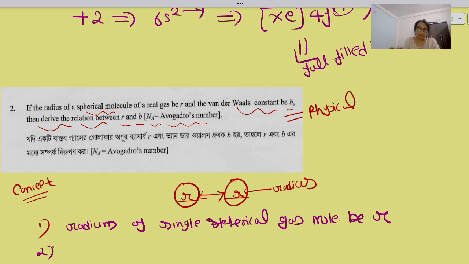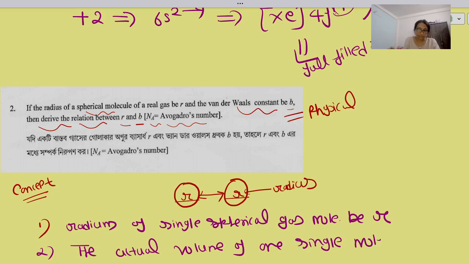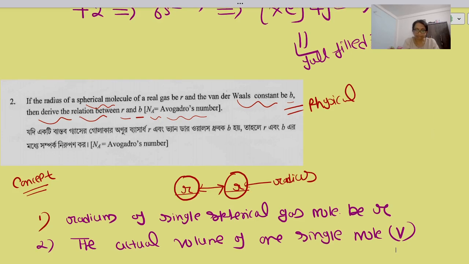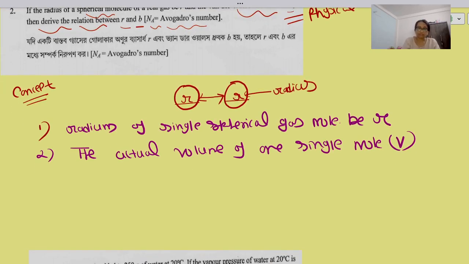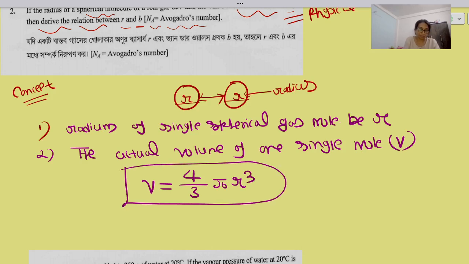Step number two: the actual volume of one single molecule is v. Now generate a relation: because the molecule is spherical, we can write the volume is equal to 4 by 3 pi r cube. That is the volume of a spherical molecule.